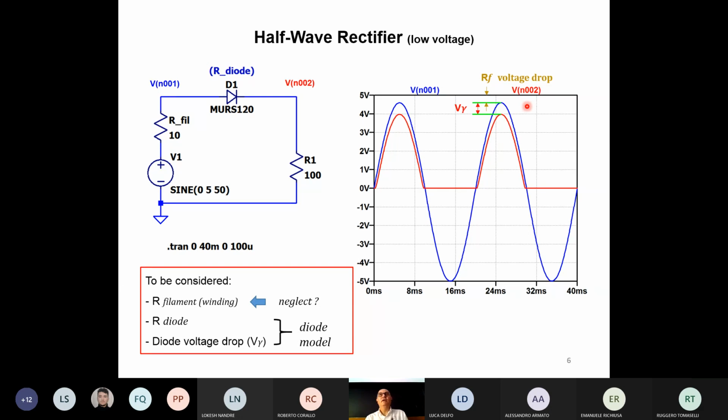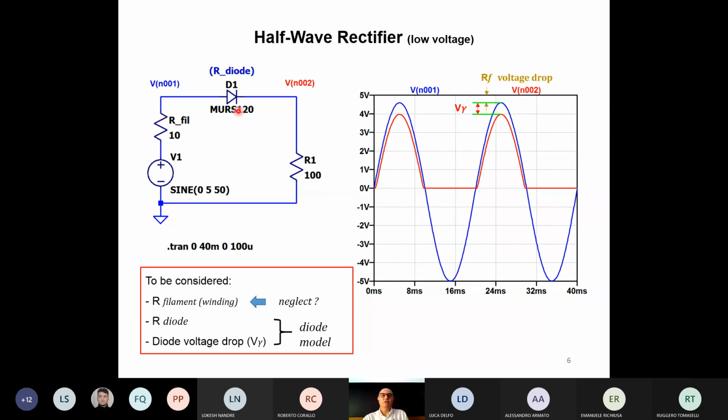Again, if we have very large voltages, we can neglect this effect. But if the output voltage is small, like in this case, we have an error of about 5%, it's 20–25%, depending on how we calculate it. So it cannot be neglected. Here, the filament, the winding resistance, can we neglect it? It depends also on the maximum current, because the higher the maximum current, the higher the voltage drop across the filament.